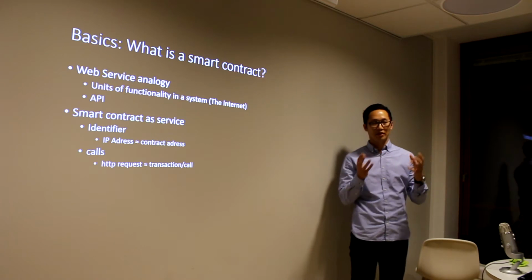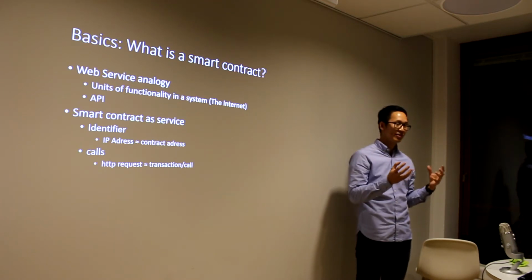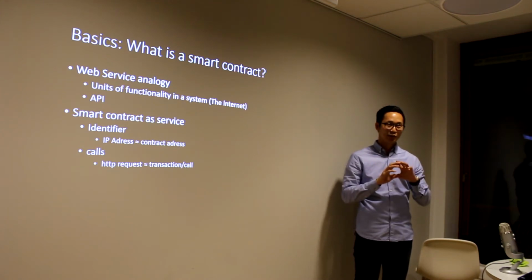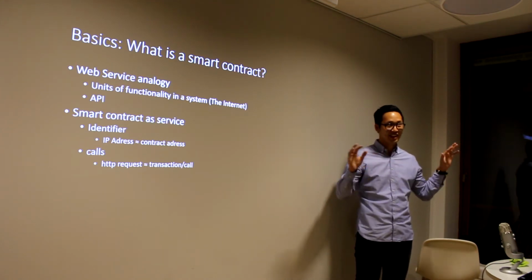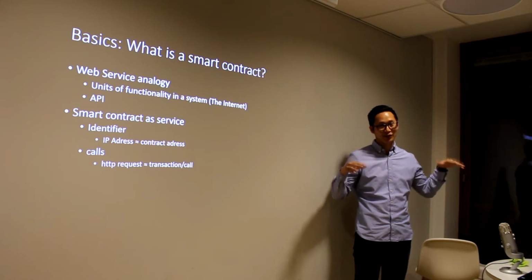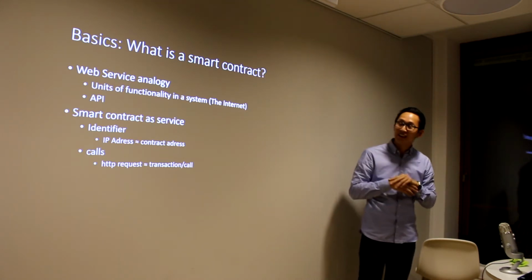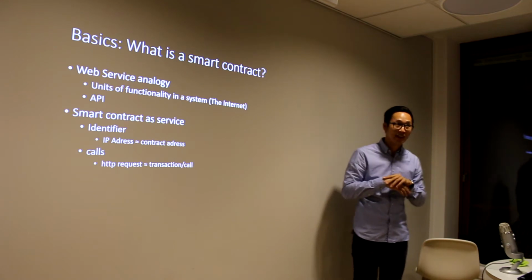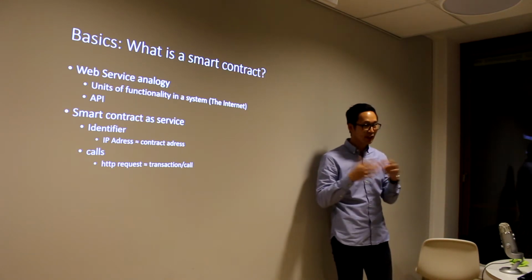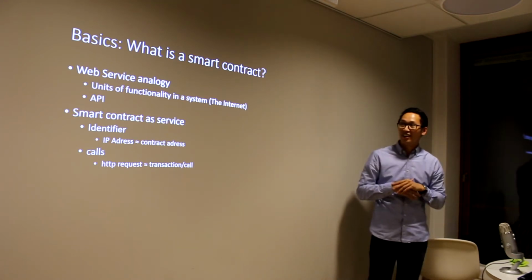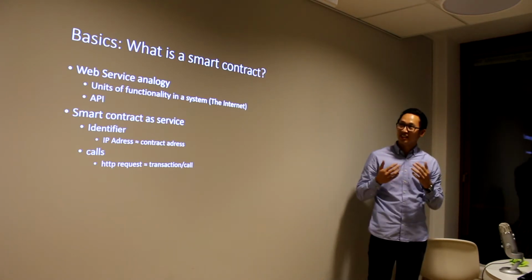You can see a web service as a unit in a system. We have a lot of web services that provide us with information and data and stuff like that. And a web service has an API. You access an API, and yeah.